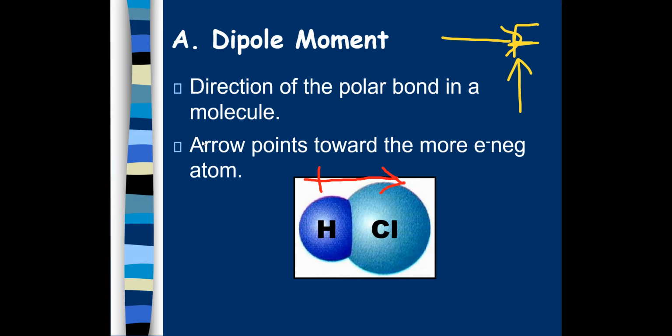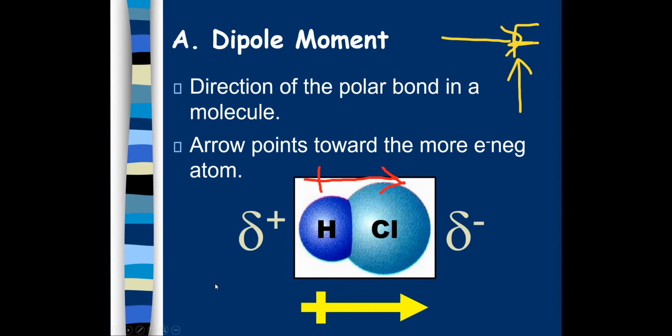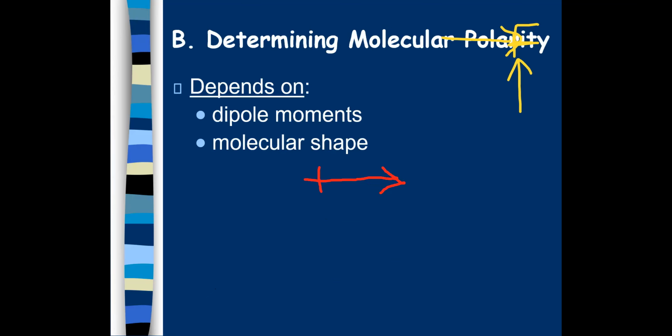And so it's always going to go towards the chlorine like that. Which results in a partial positive from the hydrogen because the electrons are closer to the chlorine, and a partial negative from the chlorine because the electrons are also closer to it. So that's how it looks. All right, so let's do another one. Oh, let me clear that.